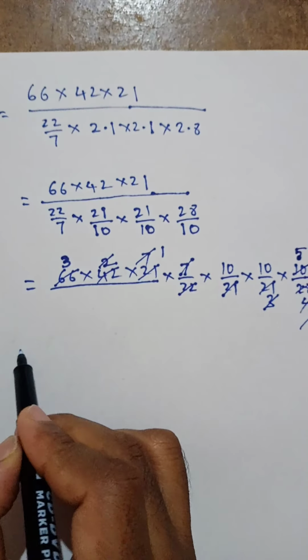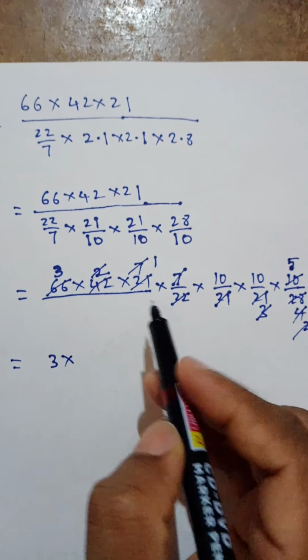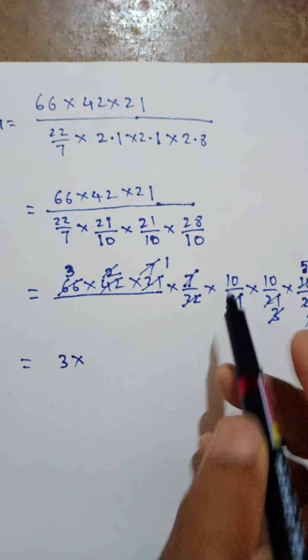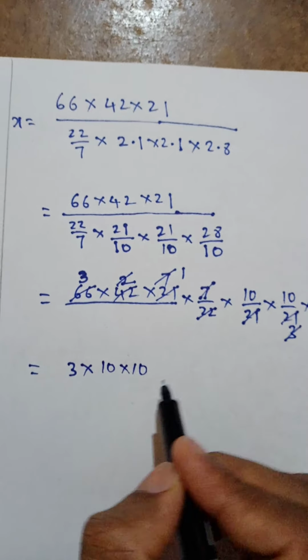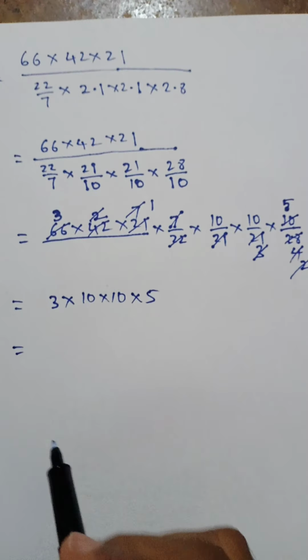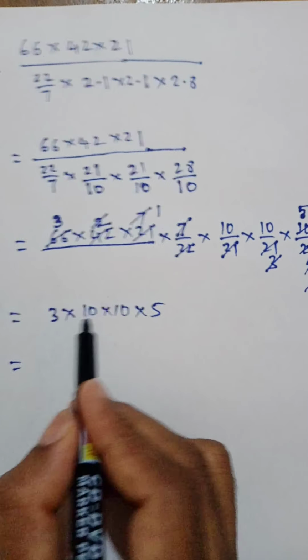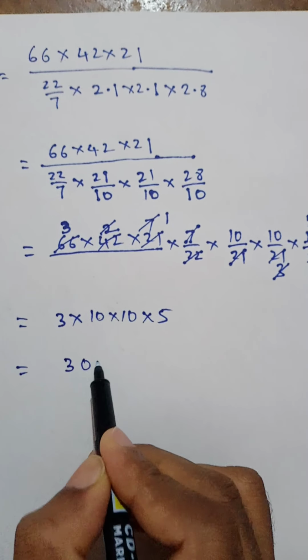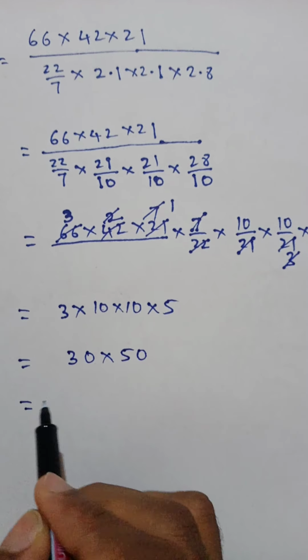Next, what is there, you write it: 3 into, here how much is there, 10 into 10 into 5. Now 3 tens are 30, 10 fives are 50.